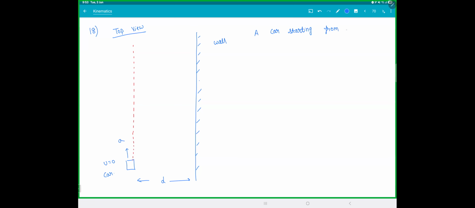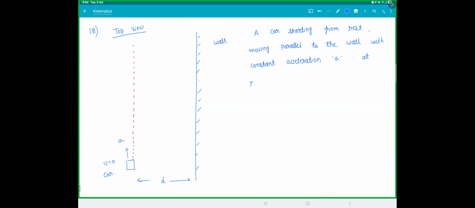So a car starting from rest, moving parallel to the wall with constant acceleration a.